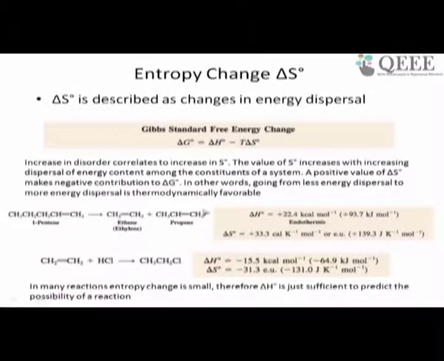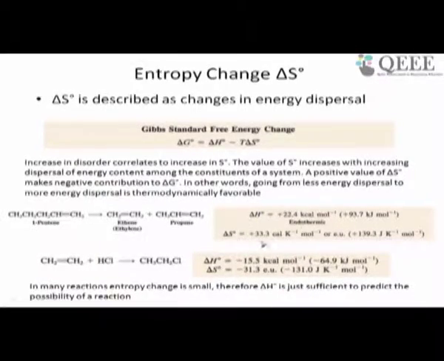For example, in this reaction, propene gets disintegrated into ethene and methane. Here delta H is positive, which means this is an endothermic process, and hence it's not a thermodynamically favorable process. If you see the delta S, the change in energy dispersal, in other words disorderliness, it is positive, which means there is more disorderliness in this reaction.